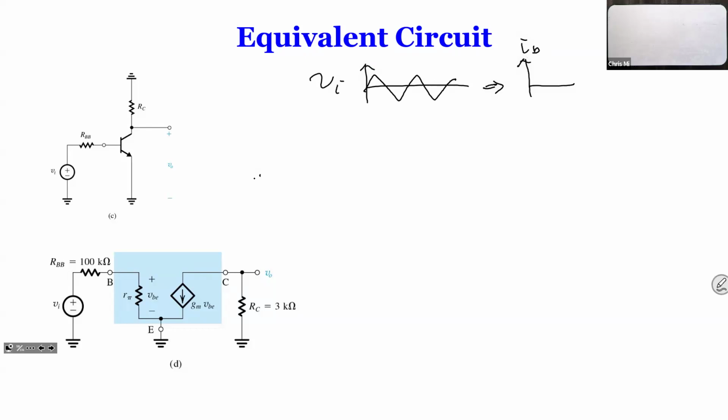So IB will be similar like this. Now, if you draw that IB plus IB, you know what happens? It's going to be something like this.